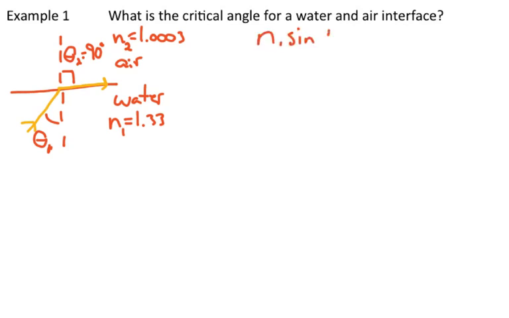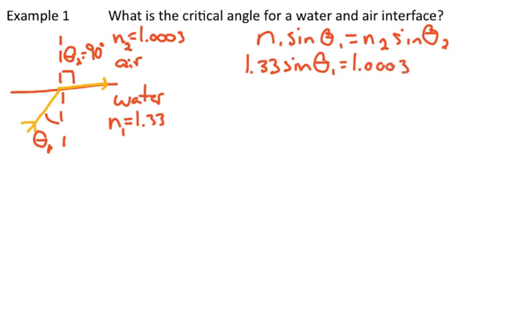Same formula as we've been dealing with, n1 sine theta 1 equals n2 sine theta 2. N1 is 1.33. Theta 1 we don't know. N2 is 1.0003. Theta 2 is 90 degrees.